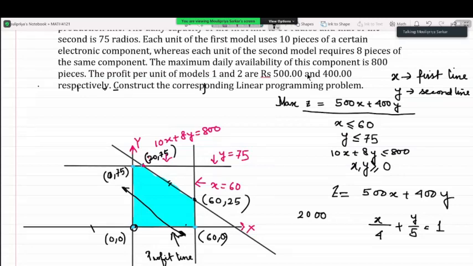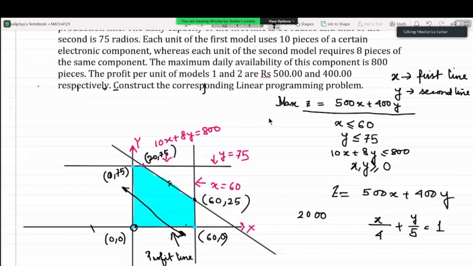Any doubt as of now? If you have, please do let me know. We are putting z an arbitrary value, that is 2000, and we are drawing a line in intercept form. This is the profit line, drawn taking z equal to 2000.